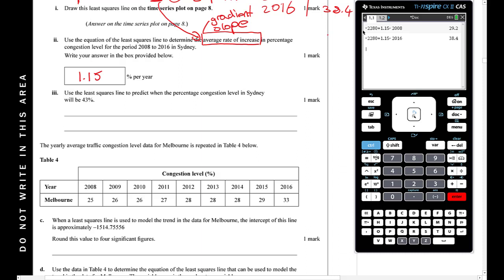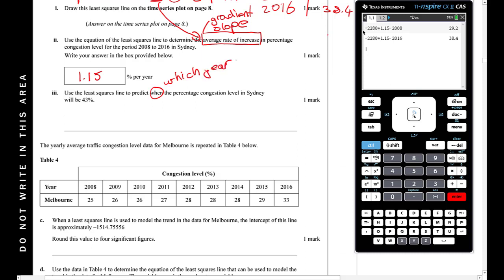Okay, use the least squares line to predict when the percentage congestion level in Sydney will be 43%. So we're basically looking for when, which year.